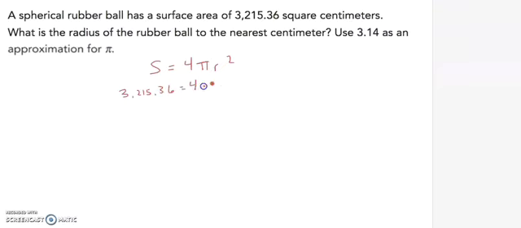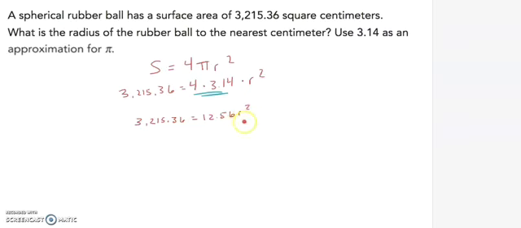Here's our 4, here's our 3.14, but we don't know the radius squared, so we're going to keep that as just r squared. Now let's solve what we can solve. So on this right side of the equation we're left with 3,215.36 is equal to 12.56 r squared.